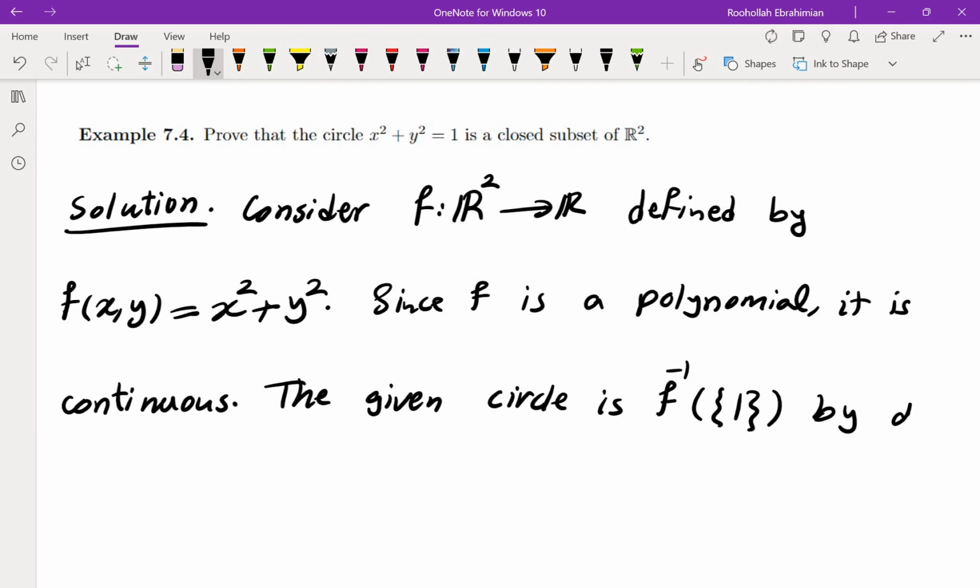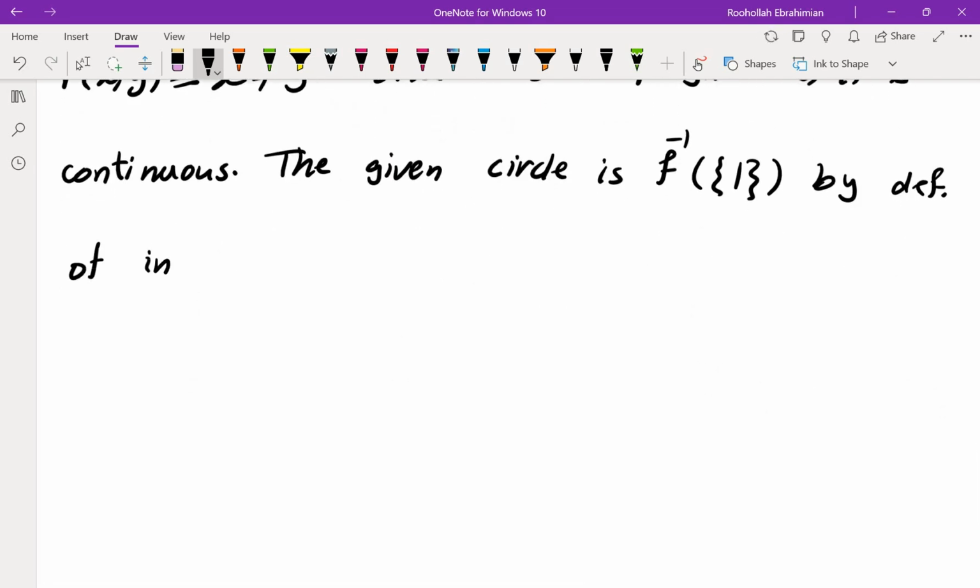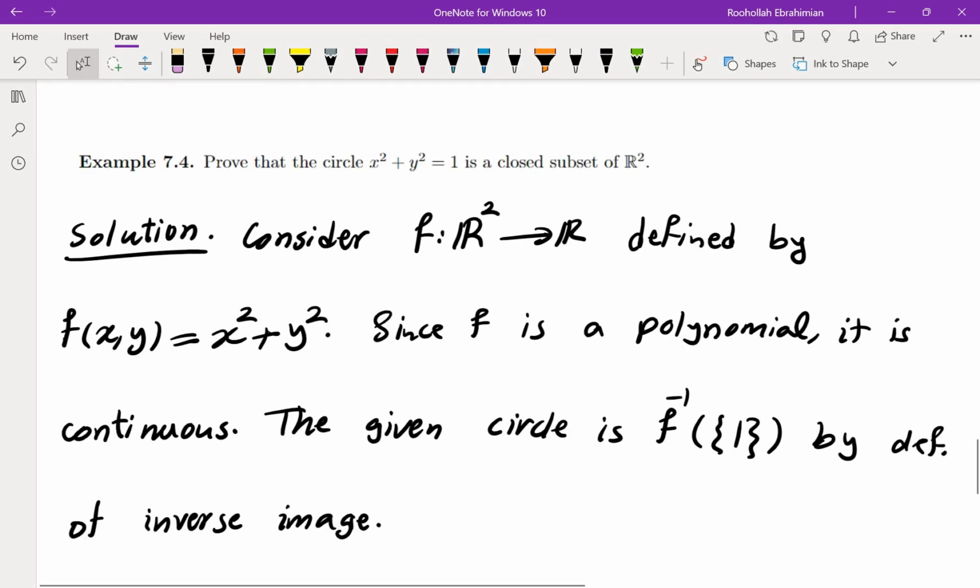This is by definition of inverse image. Let's talk about that. If you look at this, the set is all of the points x comma y in R2 such that x squared plus y squared equals 1. And that's by definition exactly the values in the inverse image of singleton 1.